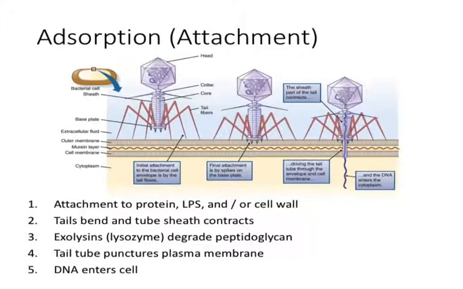Okay, so here's the attachment step for a myoviridae, and one of the unique features about myoviridae is their form of penetration. Myo means muscle. If you think of the physiology of myosin, what happens?